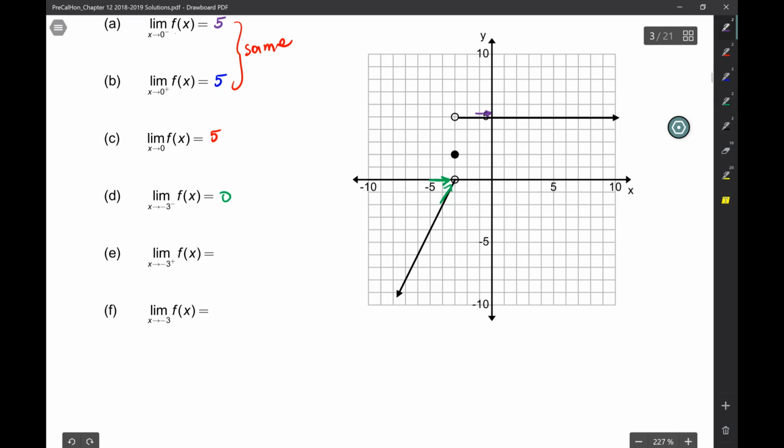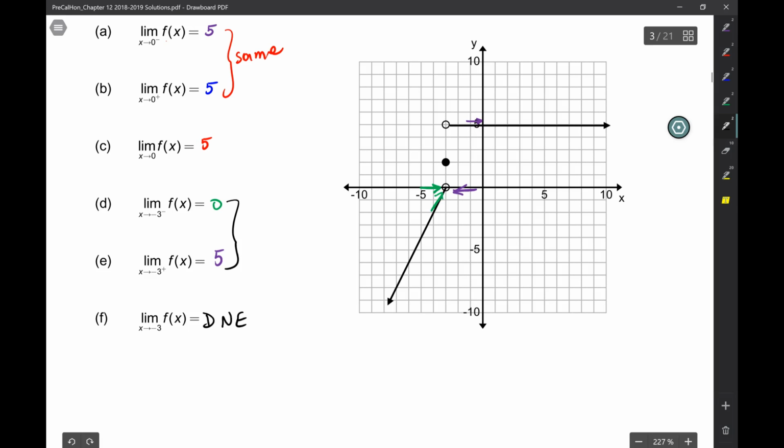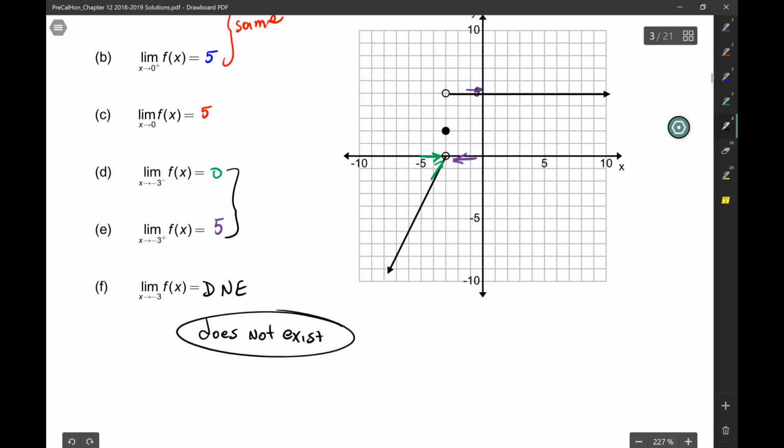As I approach negative 3 from the right-hand side, where is the graph going now, Gabe? 5. All right. Now, limit as x approaches negative 3, when these are not the same, we say the limit does not exist. Just write DNE. Not undefined, DNE.